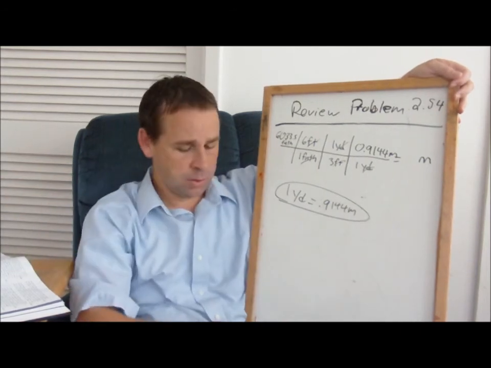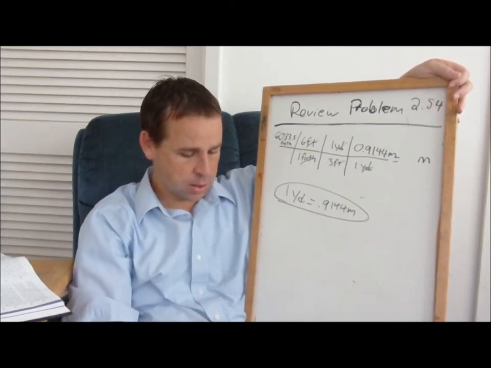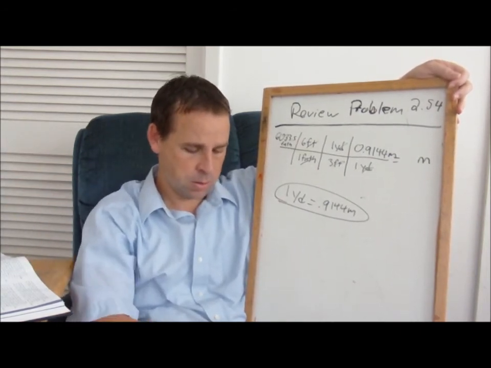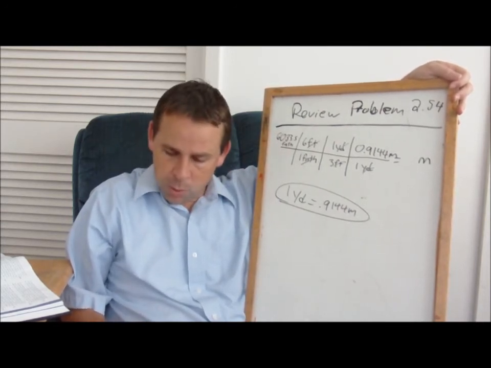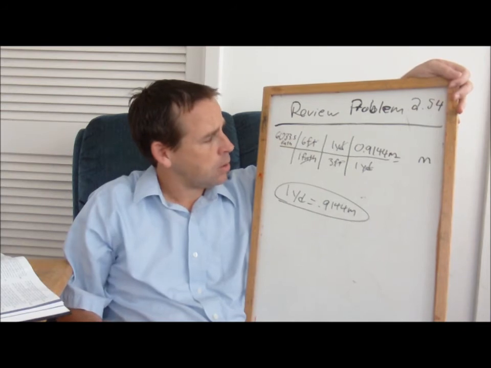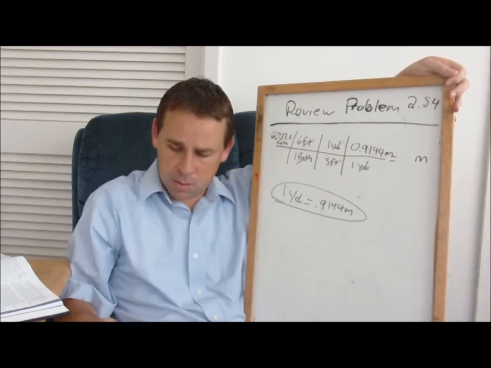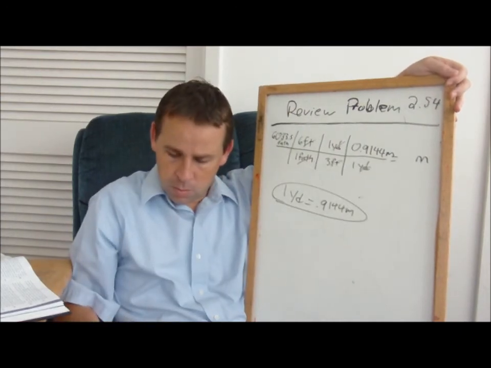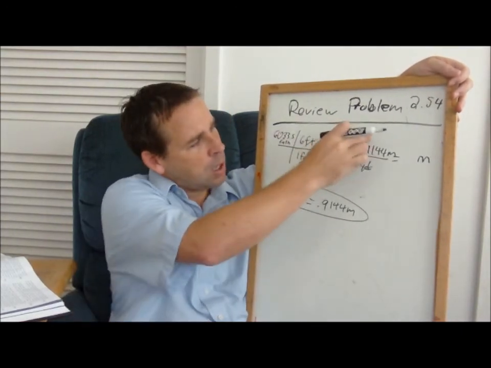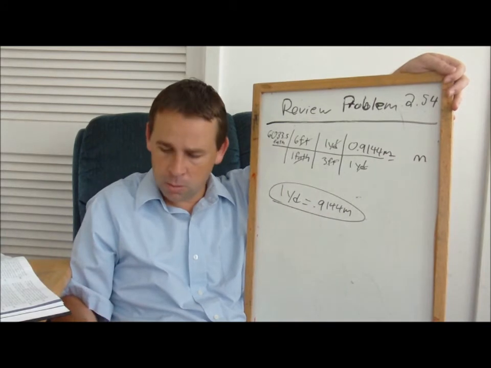Calculate that out. Again, 6,033.5 times 6 divided by 3 times 0.9144.